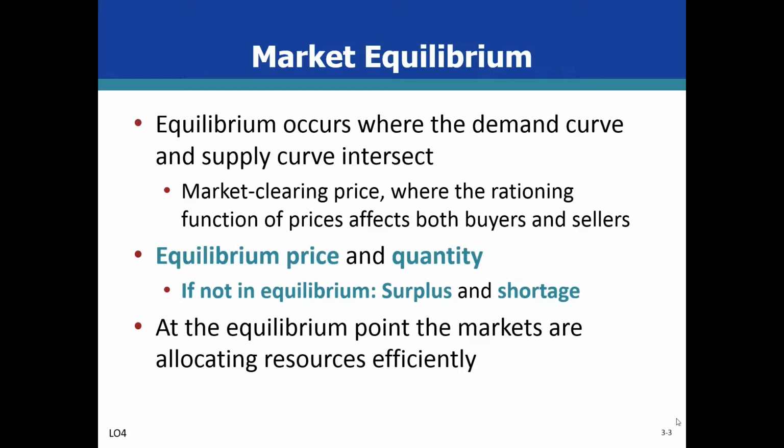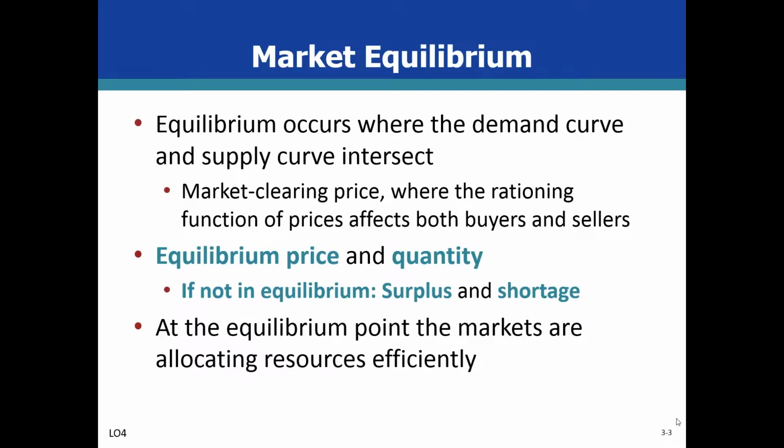At prices above this equilibrium, there is an excess quantity supplied, a surplus. We're going to see that in a little bit. At prices below the equilibrium, there is an excess quantity demanded, or a shortage. We review these graphically as part of this lecture.